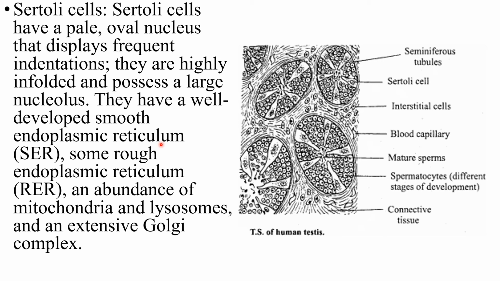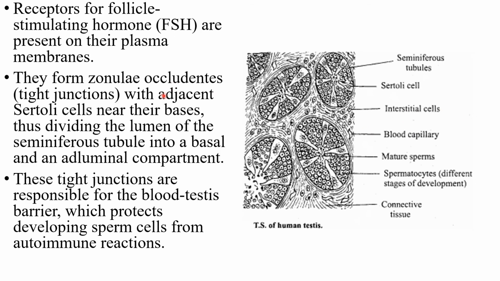They have a well-developed smooth endoplasmic reticulum and some rough endoplasmic reticulum and an abundance of mitochondria, lysosomes, and an extensive Golgi complex. The receptors for the follicle stimulating hormone are also present in the plasma membrane of the Sertoli cells.